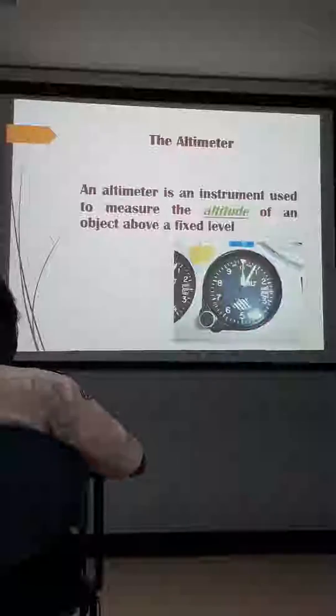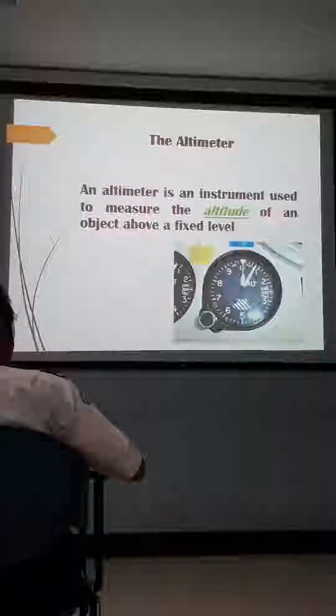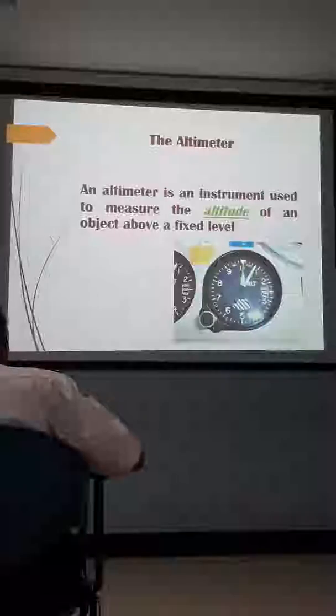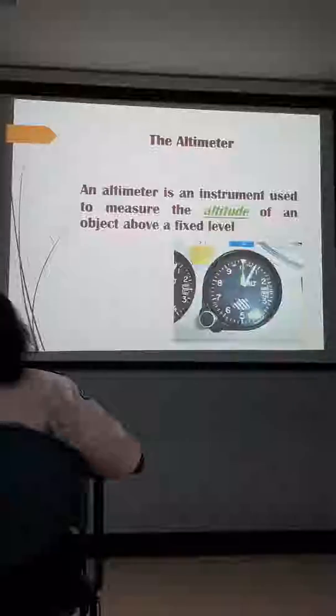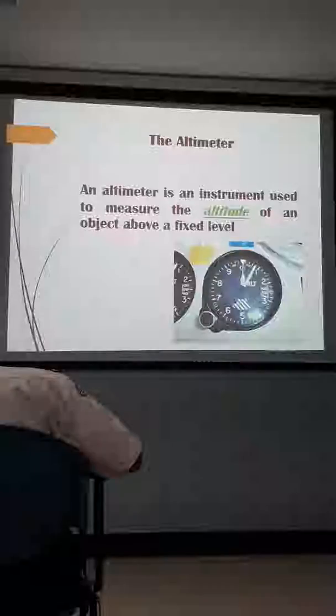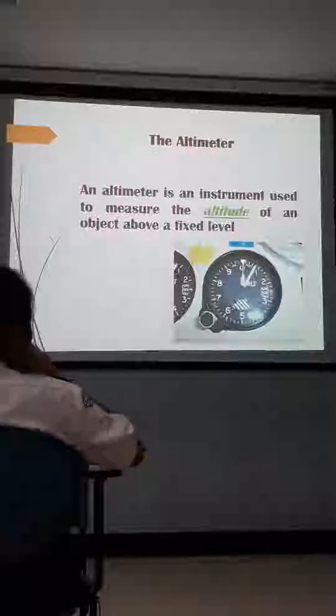Class, information about altitude is really important, especially if you fly in contact with air traffic controllers, because in that case it's not yourself who chooses the altitude that you want. It will be the ATC's job to choose the altitude for the pilot, okay?